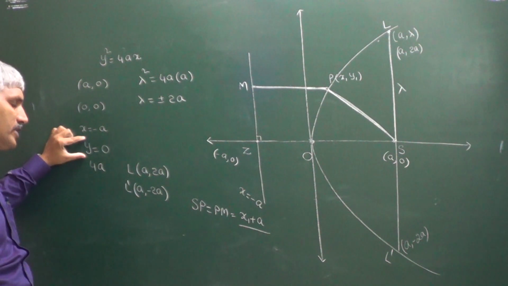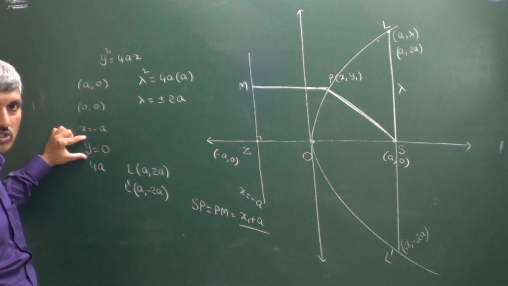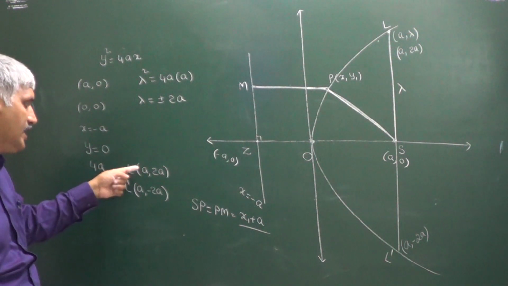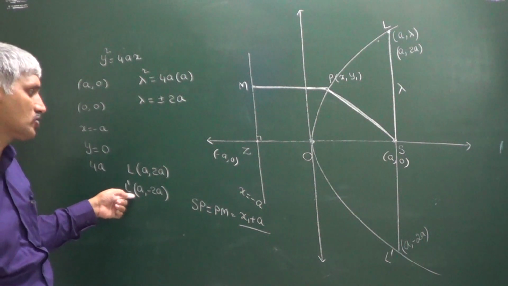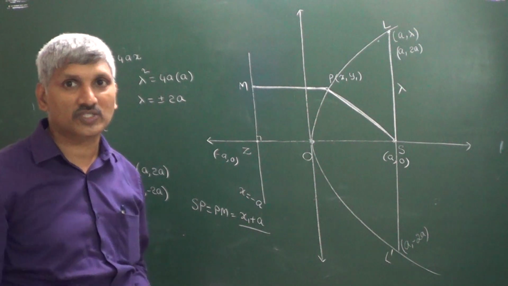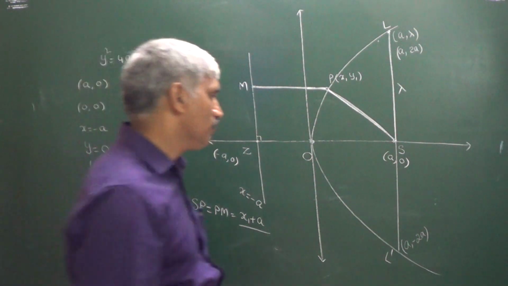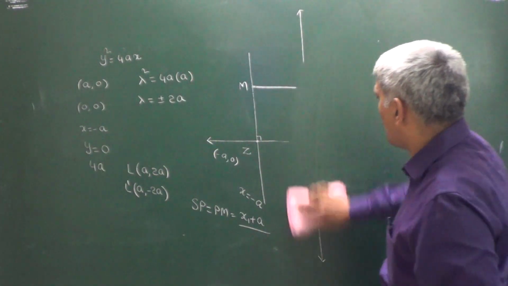The x axis is the principal axis. The equation of the principal axis is y is equal to 0. The length of the latus rectum is 4a and the ends of the latus rectum are a comma 2a and a comma minus 2a. The focal distance SP is given by x1 plus a in case of the parabola y square is equal to 4ax. Let's discuss the other standard forms of the parabola also.